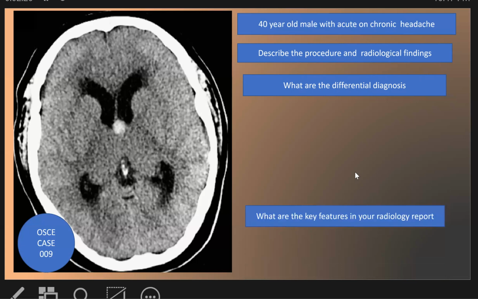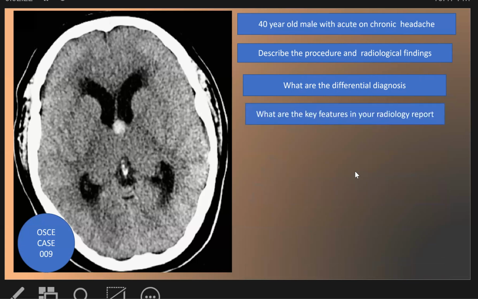The next question: what are the key features in your radiology report? The key features in this patient with colloid cyst: we should mention the size of the cyst, and we should also mention the T2 signal of the cyst.